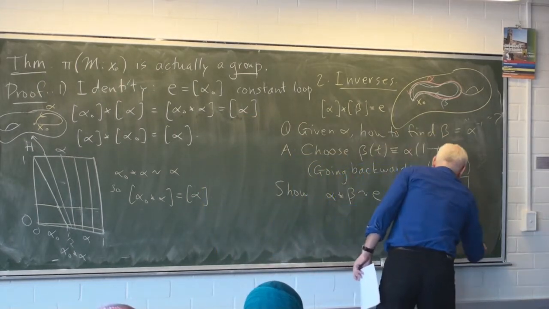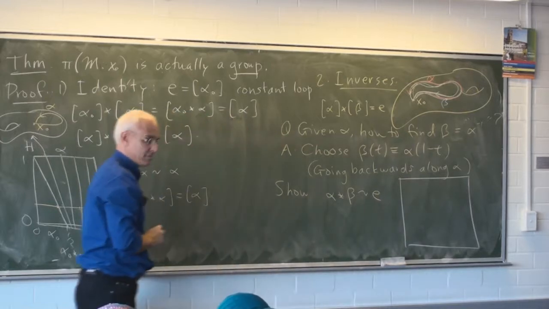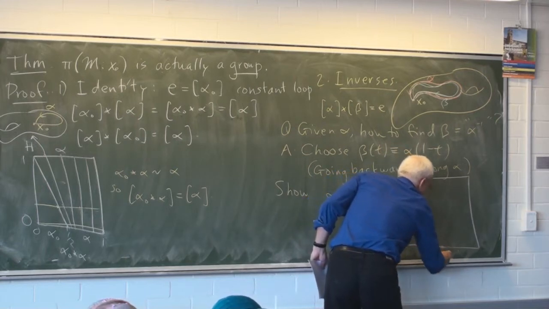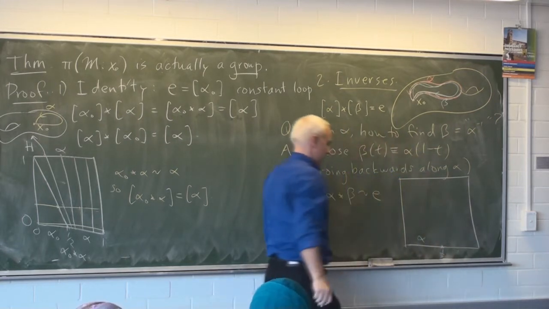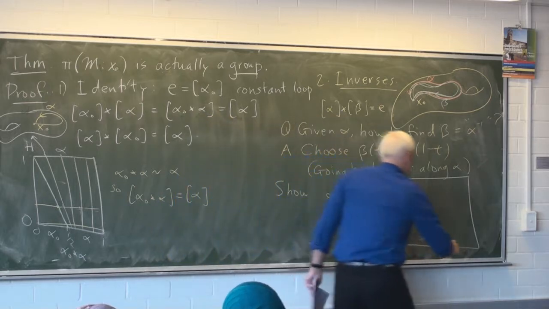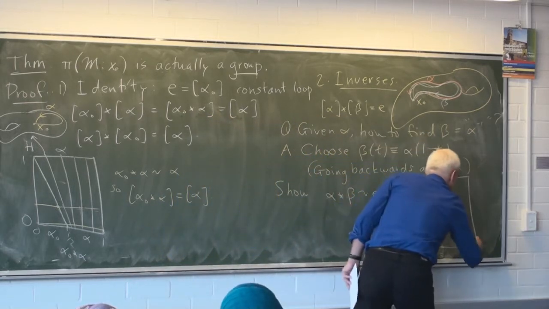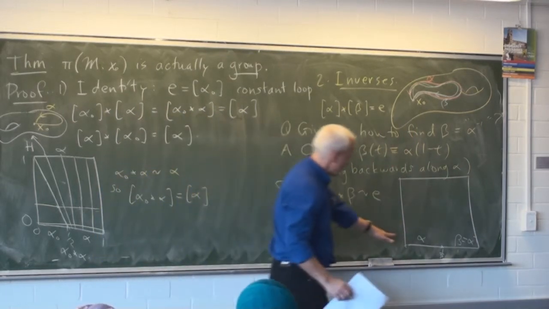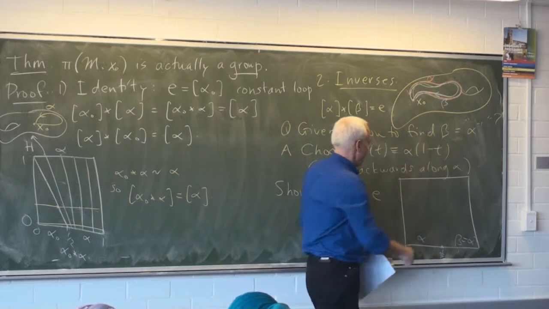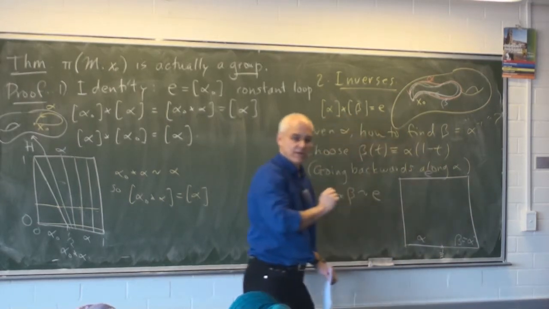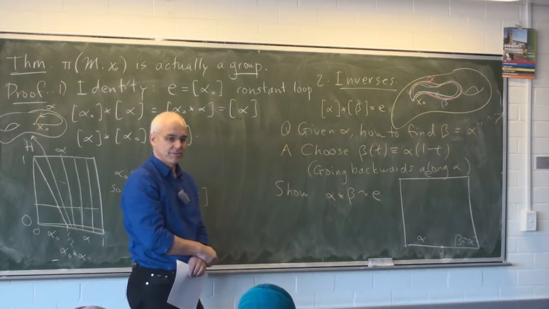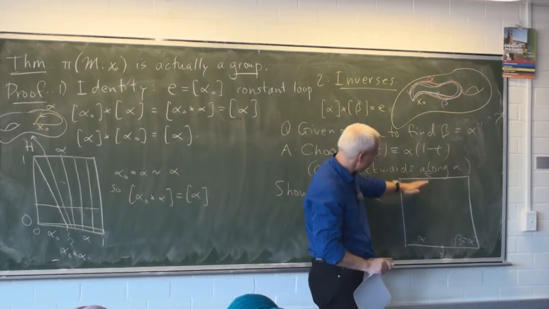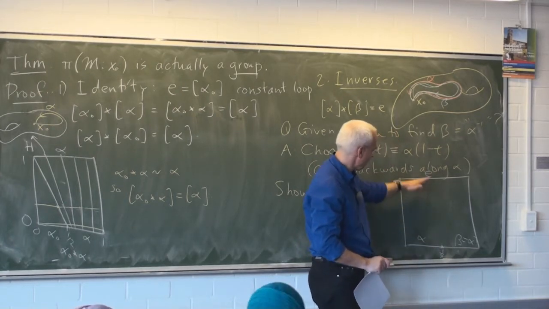So I'm going to draw a homotopy diagram that illustrates that. So there's the halfway point. We're going to put alpha there and beta there. Beta is alpha backwards. And I need to convince you that this combination of alpha and then going back along alpha is homotopic to the identity, to exhibit a smooth way of making a transition from this one to this one.